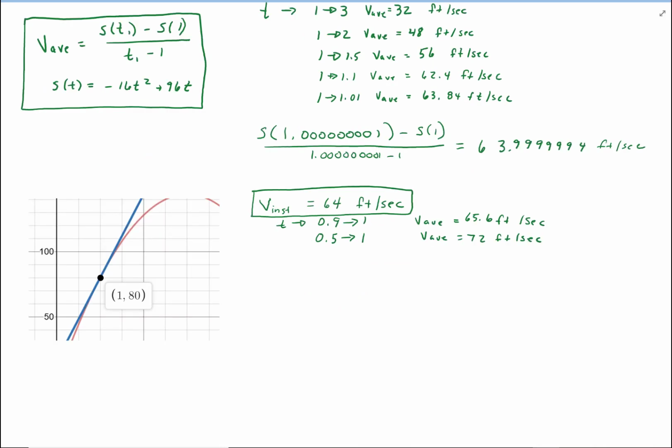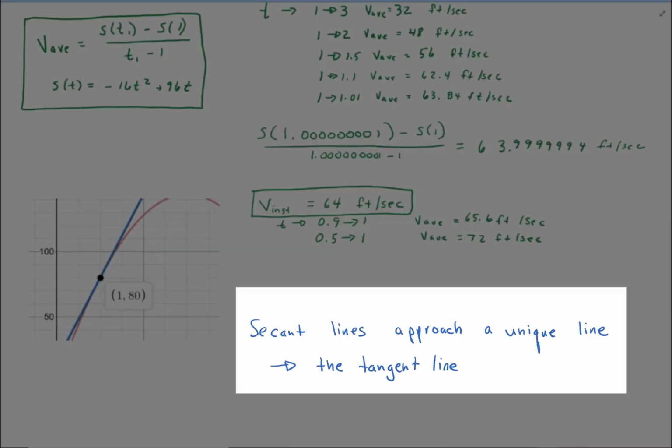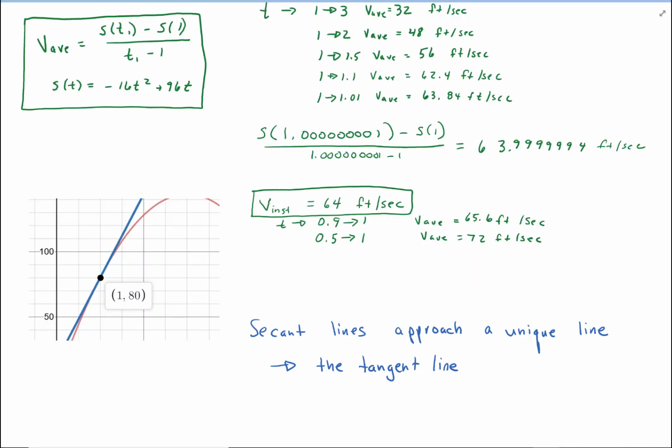If we look at the graph of the line with slope 64 at 1, it looks like that actually isn't a secant line. That is, it only seems to touch the curve at a single point. Well, that line is called the tangent line. So now I'm going to get a lot more technical in how we talk about this word approach. We're going to specifically now talk about limits.